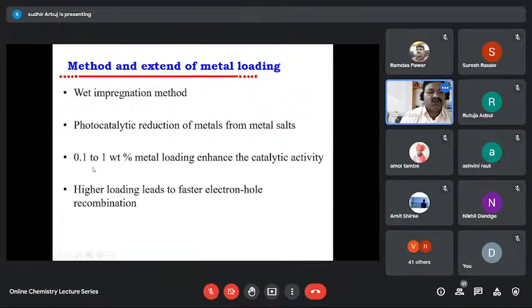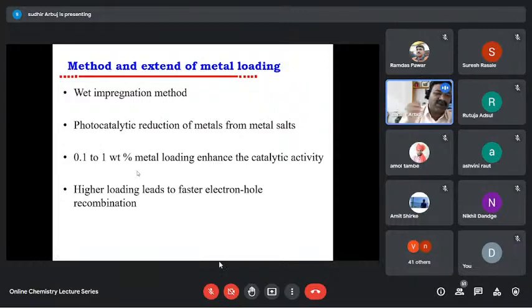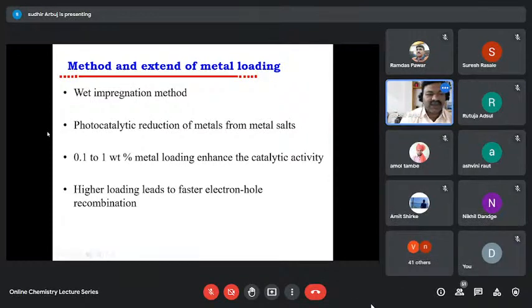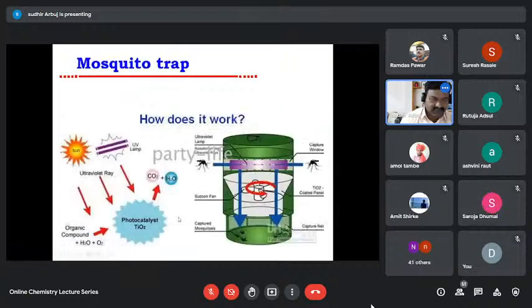The loading must be in the range of 0.1 to 1%. If you load more than 1%, what happens? It acts as a shading effect, which means it blocks photons from reaching the semiconductor surface. One has to study the loading amount, whether it is 1 weight percent, 5 weight percent or 10 weight percent. Higher loading leads to fast electron hole recombination.